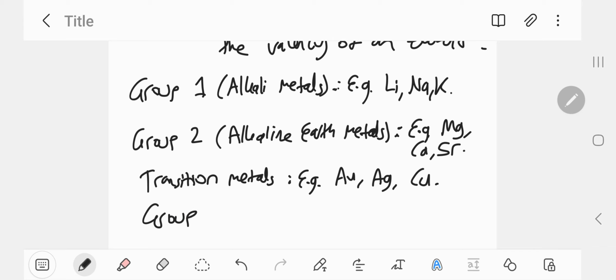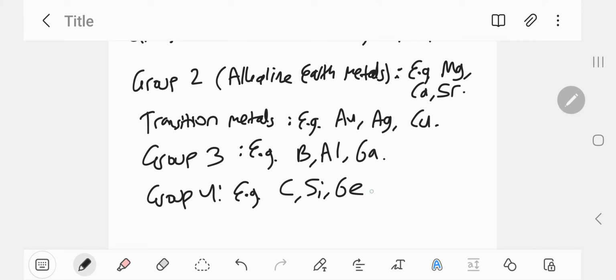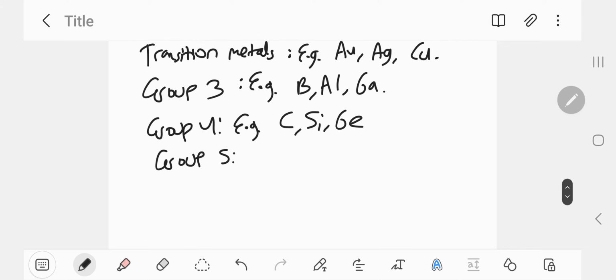You've got group 3. This includes elements like boron, B, aluminium, Al, gallium, Ga. You've got group 4. These include carbon, silicon, germanium. Group 5, now we're getting into the non-metals of the periodic table. Group 5 consists of nitrogen, phosphorus, arsenic.